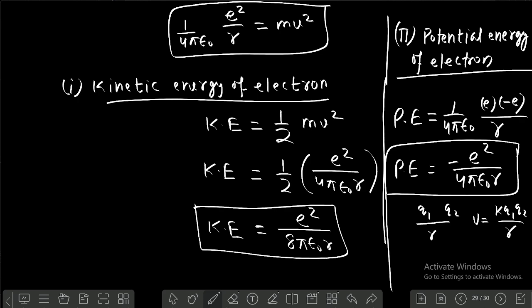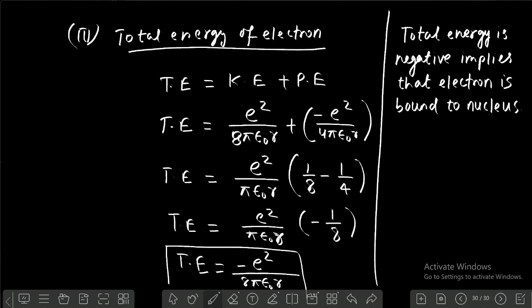For kinetic energy, I have written the kinetic energy of the electron, so take only the kinetic energy of the electron. This energy is the energy of the system. I can also tell the potential energy of the electron, because you know potential energy at a point from chapter 2 in your 12th standard: charge into potential.